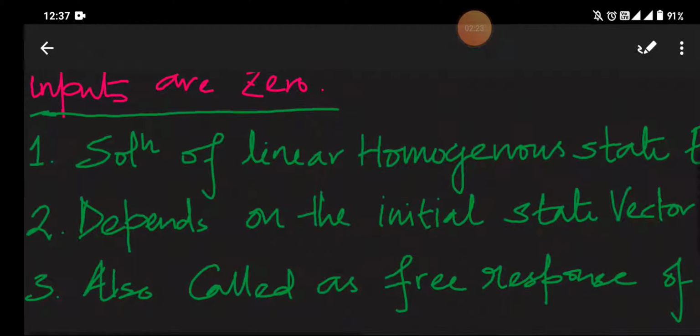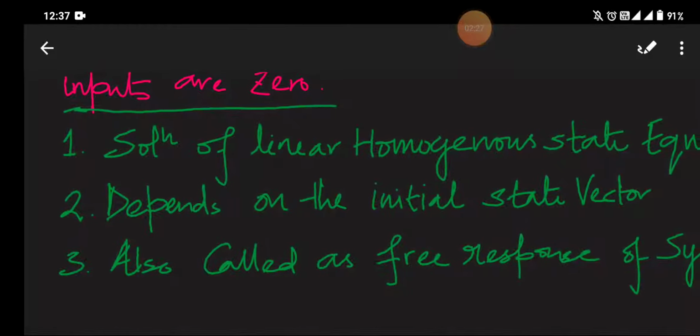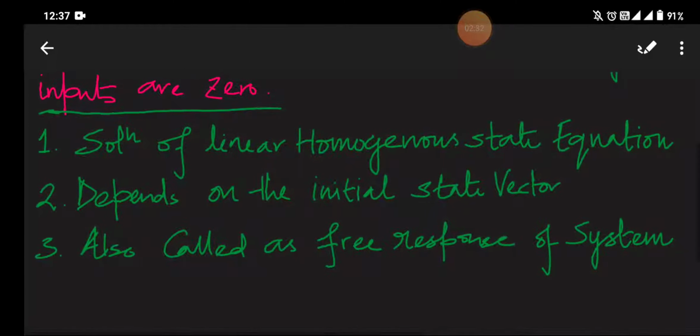So the state transition matrix defines the solution of our linear homogeneous state equation. The state equation that is described by x dot is equal to ax plus bu, its solution is given by the state transition matrix. The state transition matrix depends on the initial state vector.